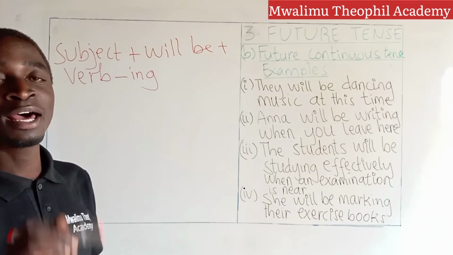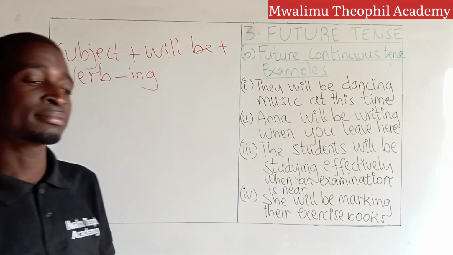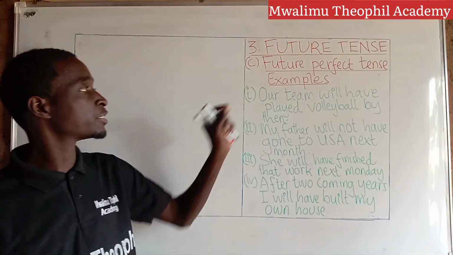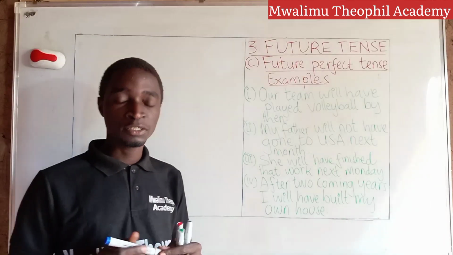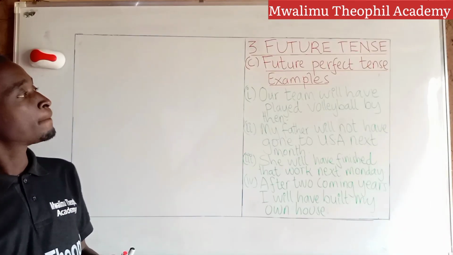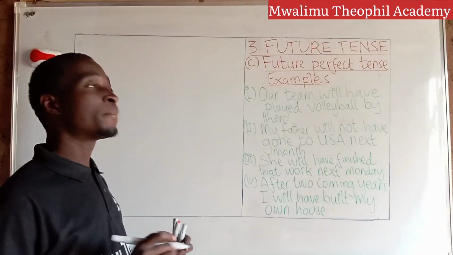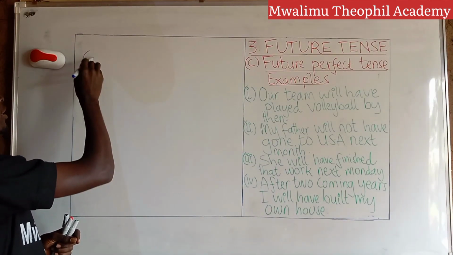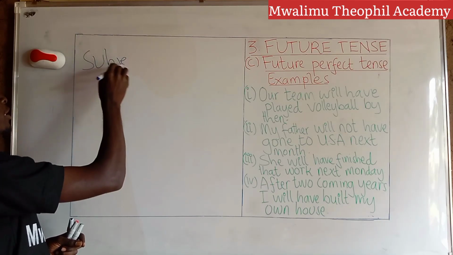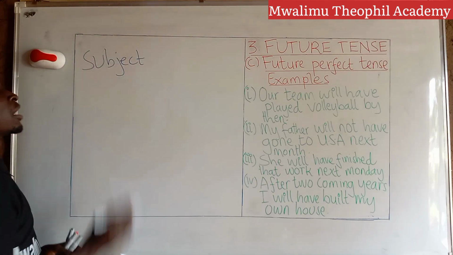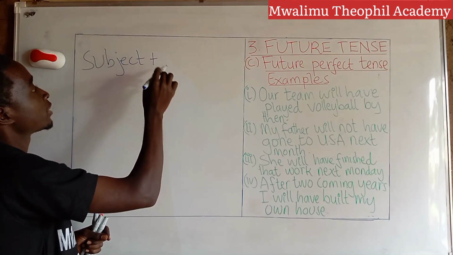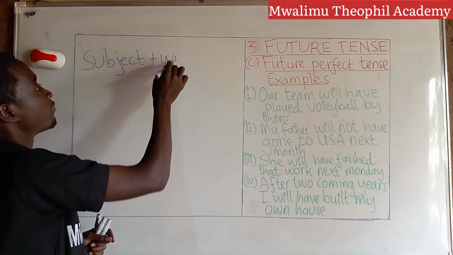Now let us go to a third category of future tense. A third category of future tense is future perfect tense. Any sentence which is in future perfect tense should obey the following rule. We should start with a subject. After a subject, we add the words will have.